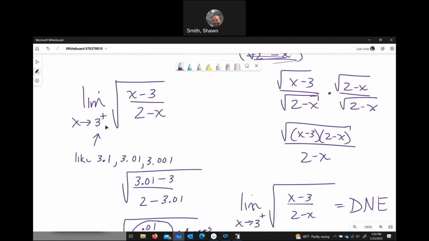You're thinking about numbers like 2.99, right? 2.99 minus 3 is negative 0.01, whatever it is. Still a negative number on the top. At the bottom, 2 minus 2.99 is negative 0.99. So it's negative over negative, which makes positive, right? So it would work.